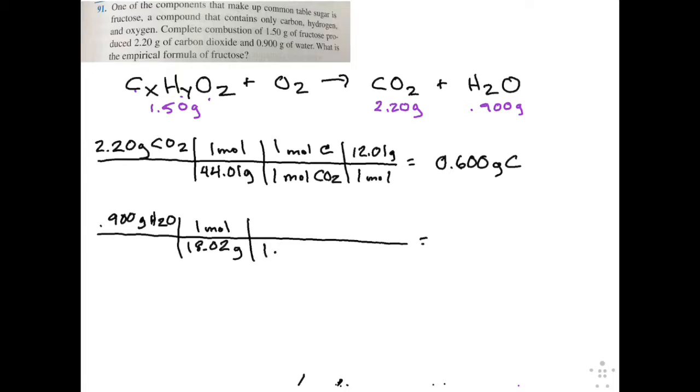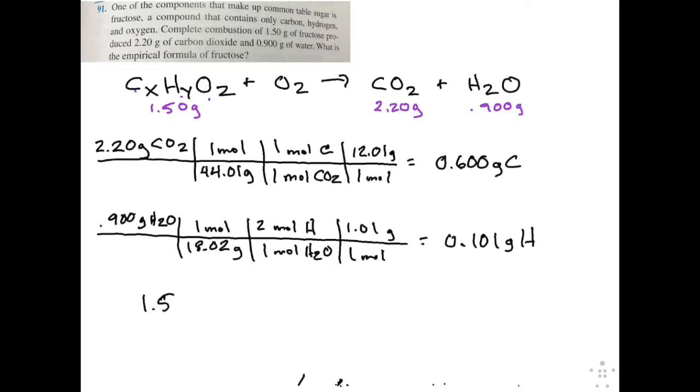Now here, for every 1 mole of water, there are 2 moles of hydrogen. You can see in the formula there are 2 H's for every 1 H2O. And then lastly, we get to mass using the molar mass of hydrogen. When you do that, you're going to get 0.101 grams of hydrogen.